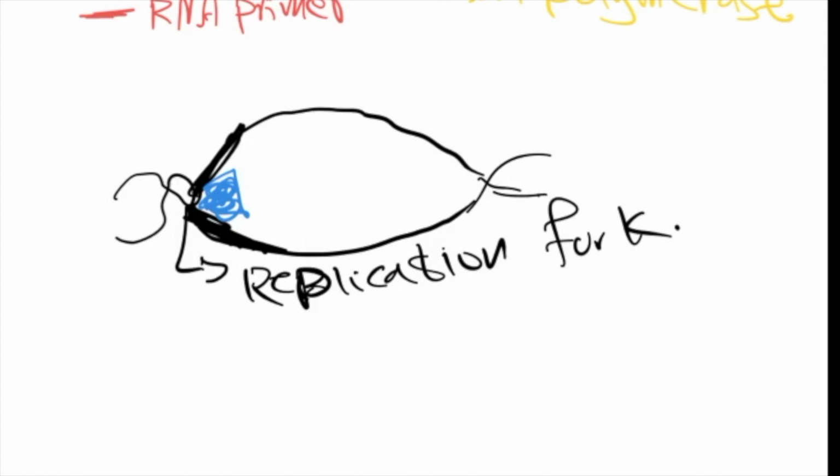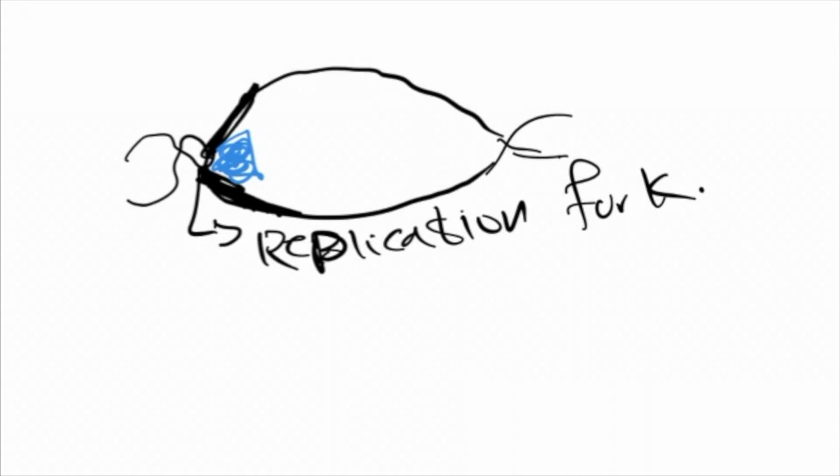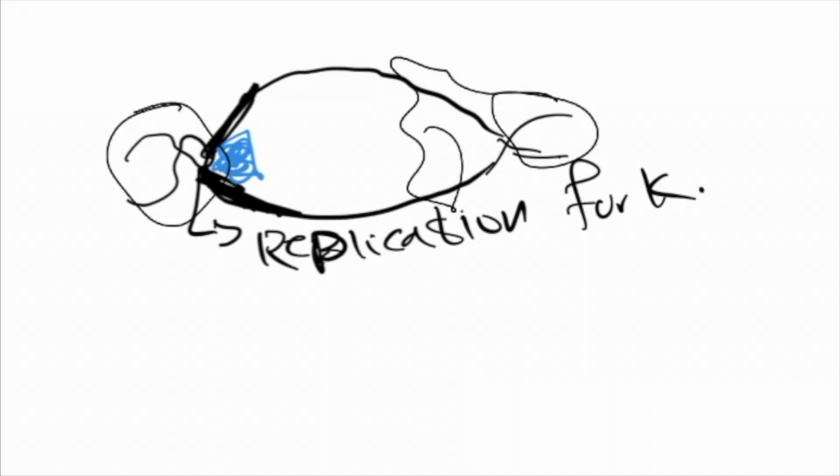Okay, so let's take a look at what is happening in the replication fork. I'm going to blow it up in here. So right now, I'm just going to forget about these areas, and I'm just going to focus on this area. That's the replication fork that is going outside. And we're not going to worry about the proteins and the helicase and the polymerase or anything like that.